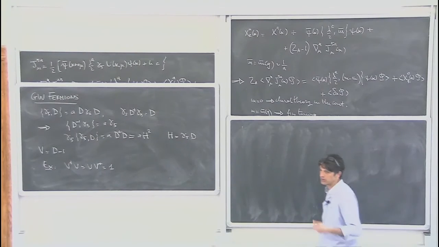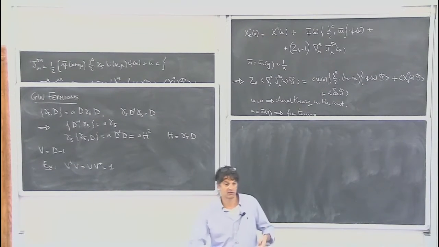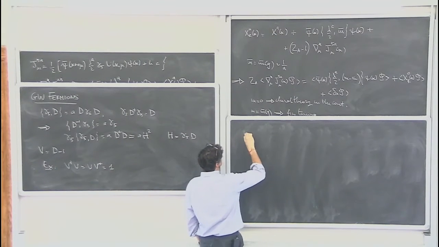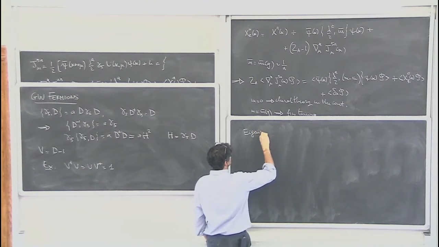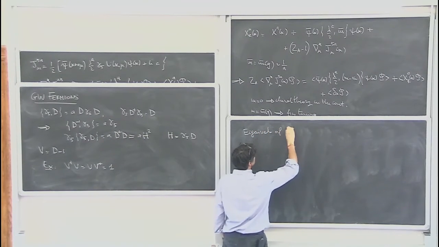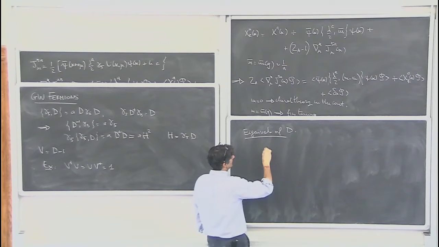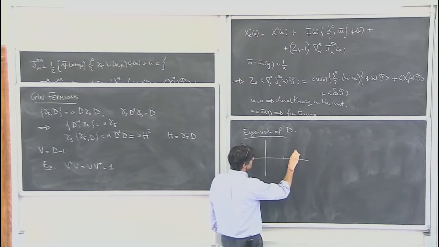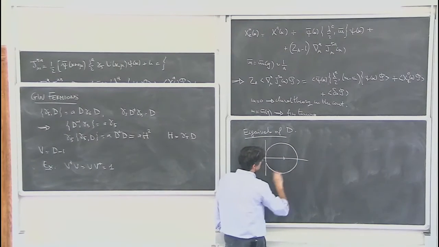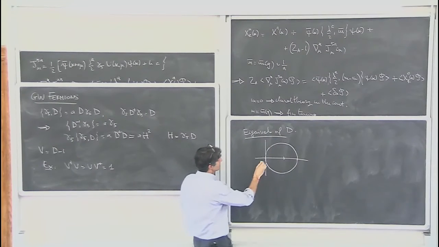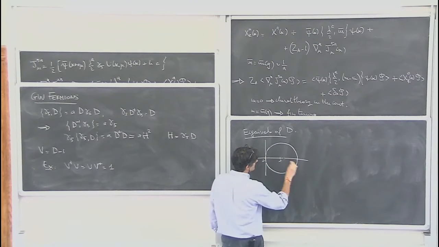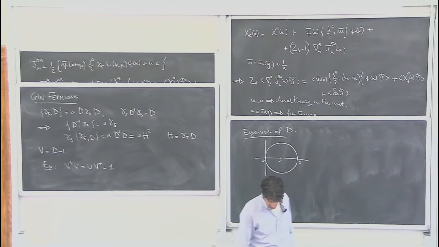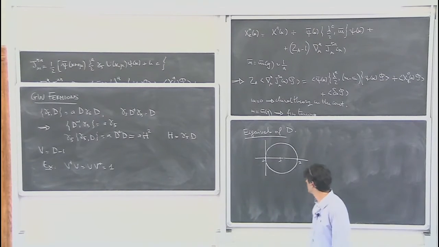Okay? V is a unitary operator, so all the eigenvalues of V lie on the unit circle. Okay? So the eigenvalues of D lie on a circle which is centered at 1 of radius 1. Okay, so 0, 1, 2. Okay, so all the eigenvalues lie on a circle.